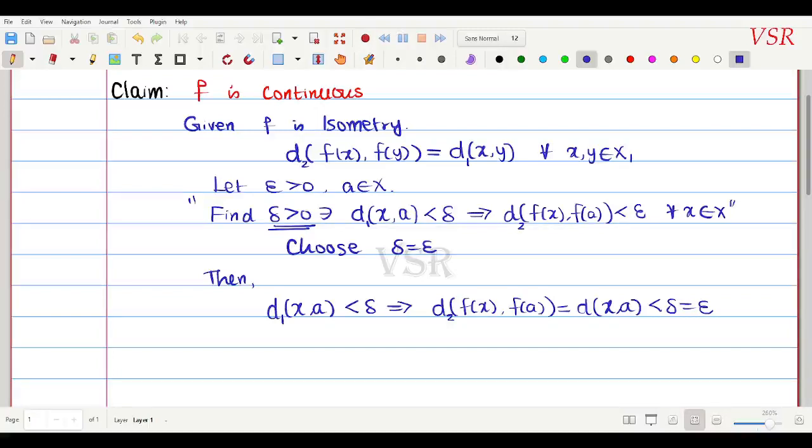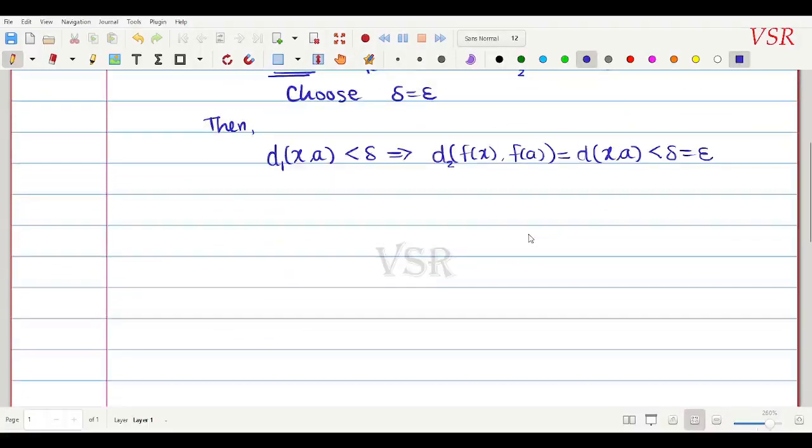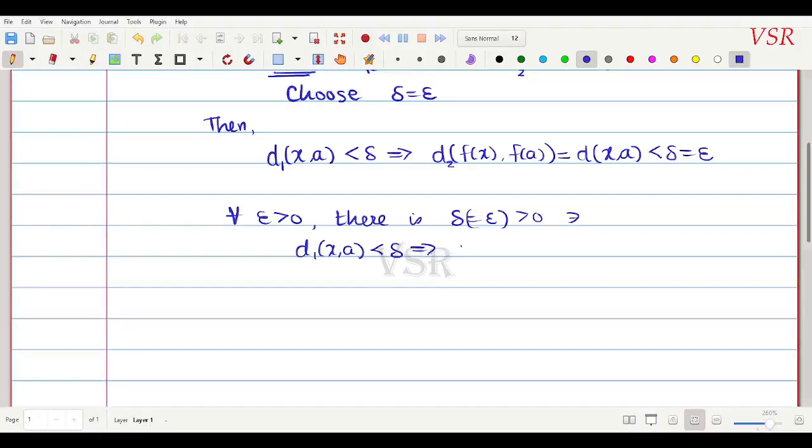அதனால we are having this condition. அப்போ என்ன ப்ரூஃப் பண்ணிருக்கோம் அப்படின்னா, for every epsilon positive, there is delta, which is equal to epsilon, positive, such that whenever distance between d1 of x comma a is less than delta, this would imply that d2 of f of x comma f of a is less than epsilon.